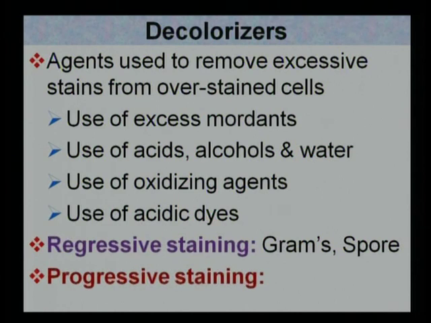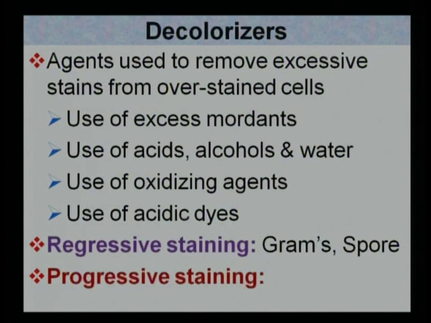As a result, we use decolorizers. When we use decolorizers, the stain will be removed from those portions in which it is not firmly bound, and therefore that portion will be decolorized, while the portion in which the dye is firmly bound will remain colored.